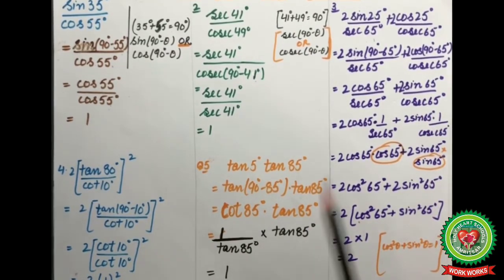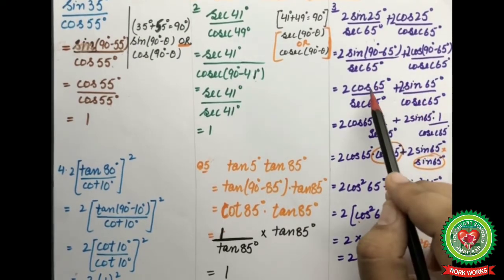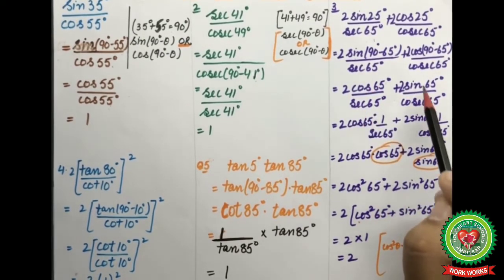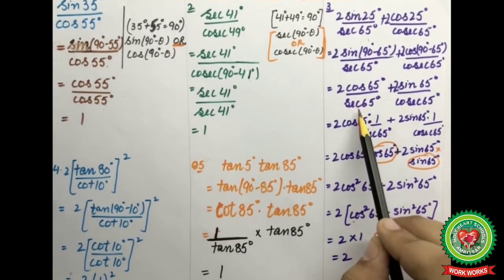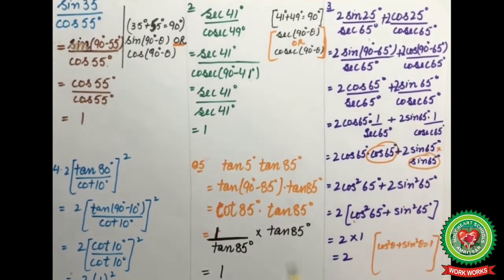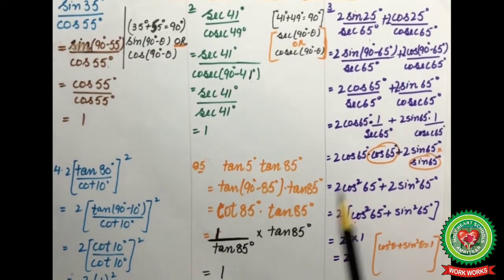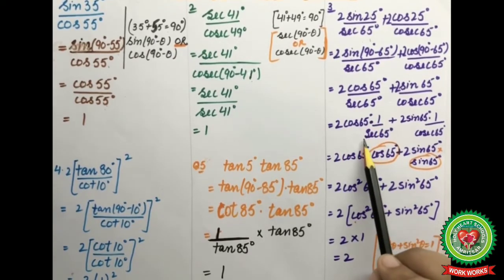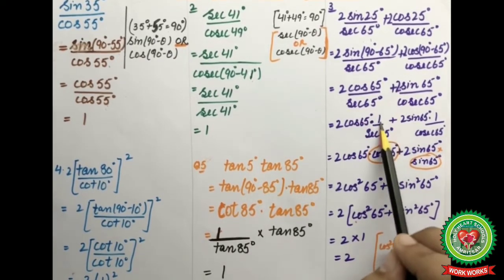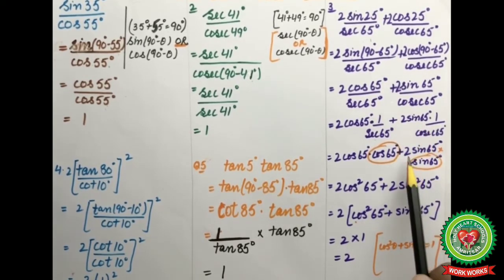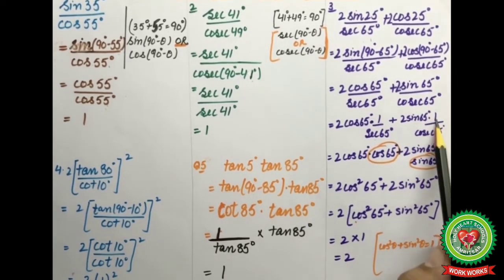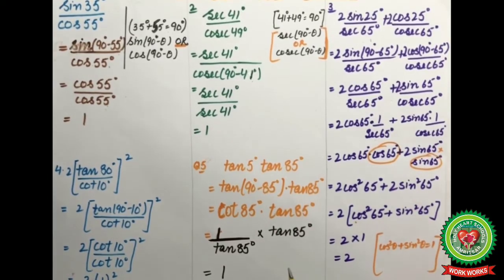Now in this sum, the cutting of cos and secant, and sine and cosecant, is not possible. But we know that cos and secant, and sine and cosecant, are the reciprocal of each other. So we'll be rewriting our given statement as 2 cos 65 degree into 1 upon secant 65 degree plus 2 sine 65 degree into 1 upon cosecant 65 degree.